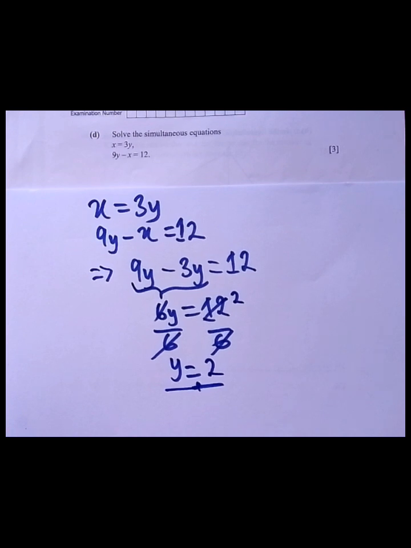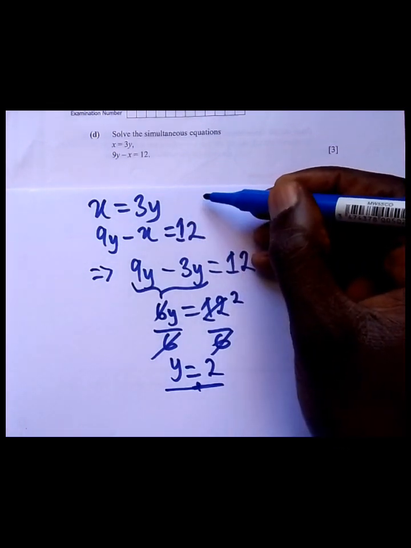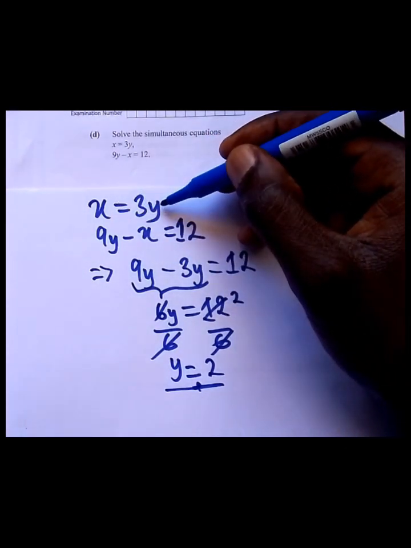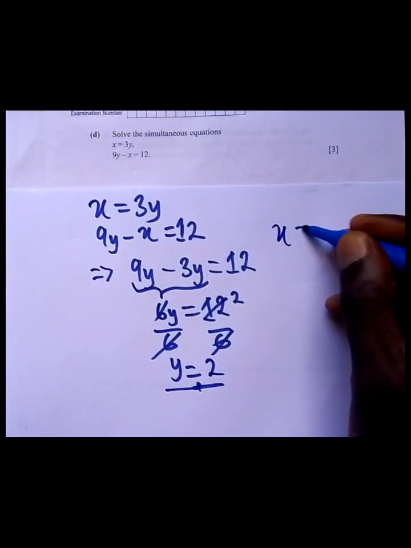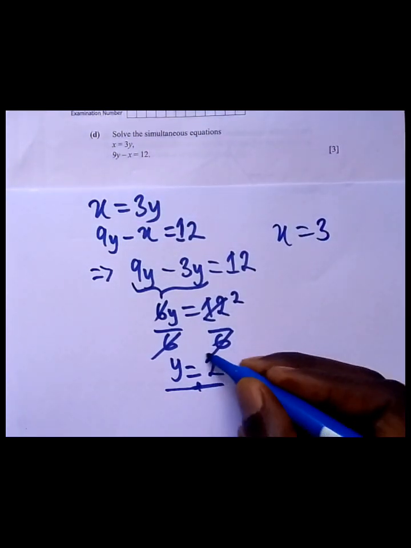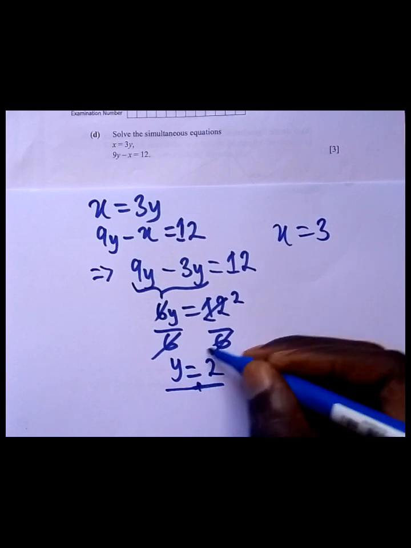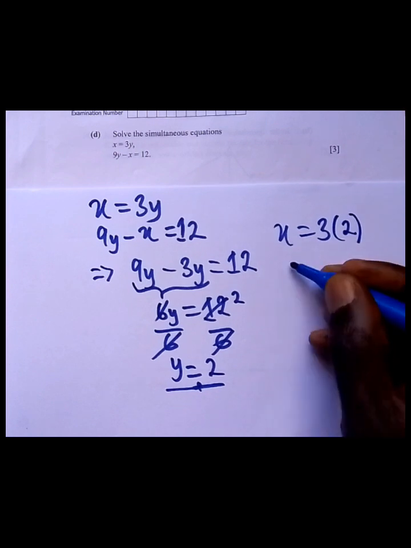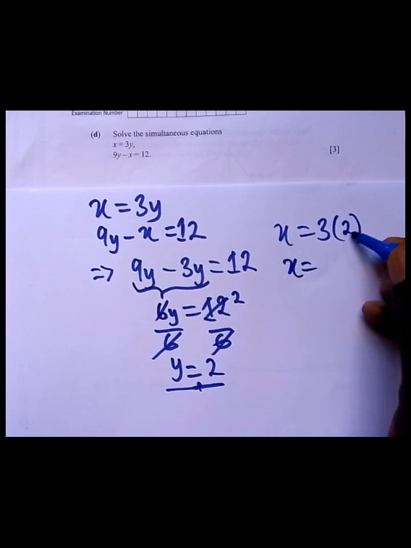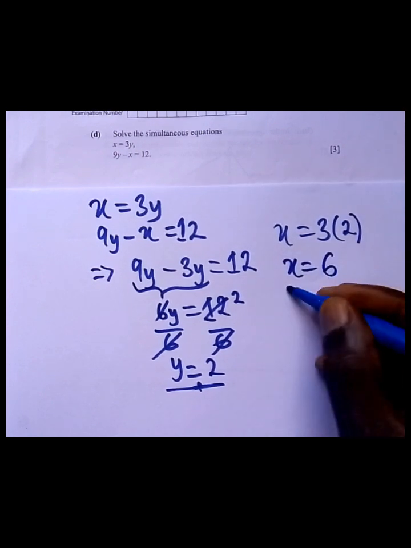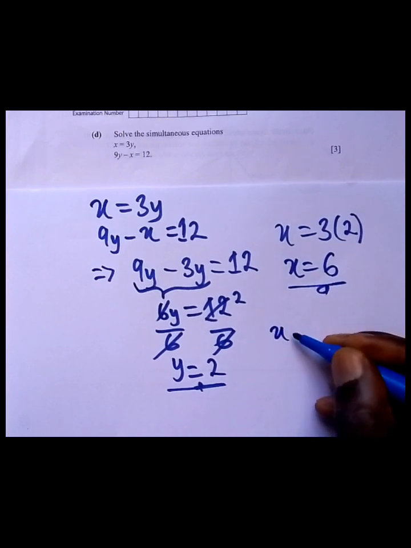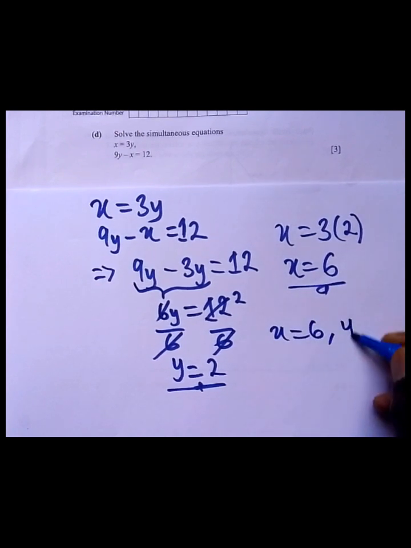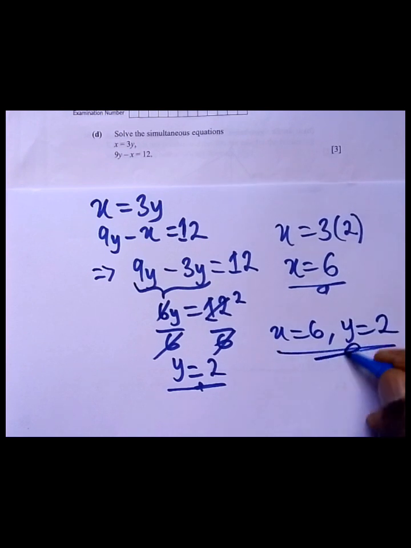Once you get the value of y as 2, you can work out the value of x from equation 1. We said x equal to 3y, so x equal to 3 times 2, and that's a 6. So the value of x is equal to 6 and the value of y is equal to 2.